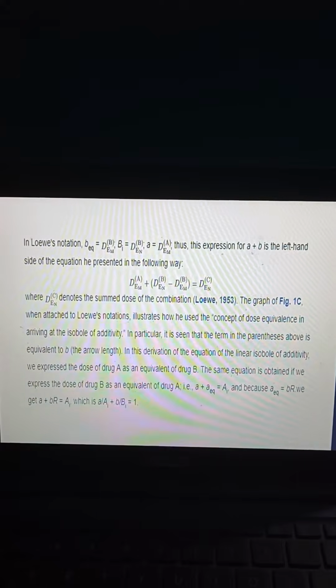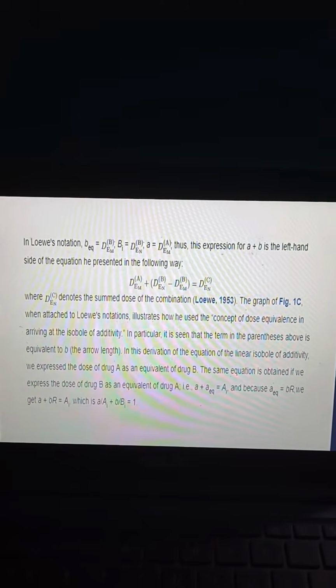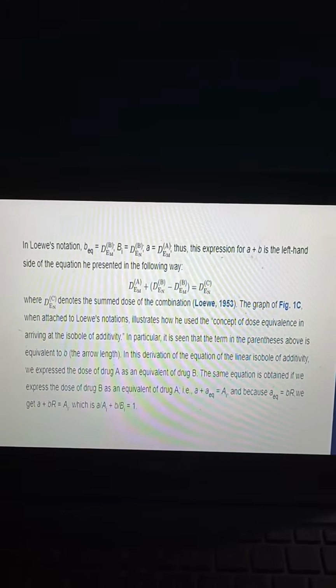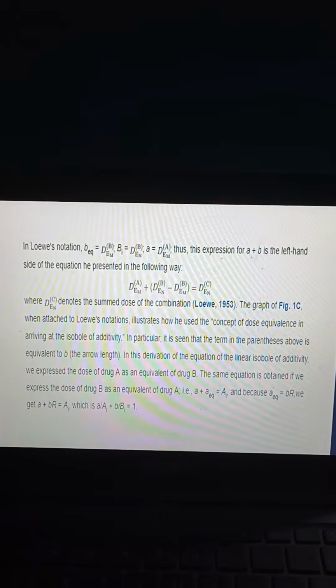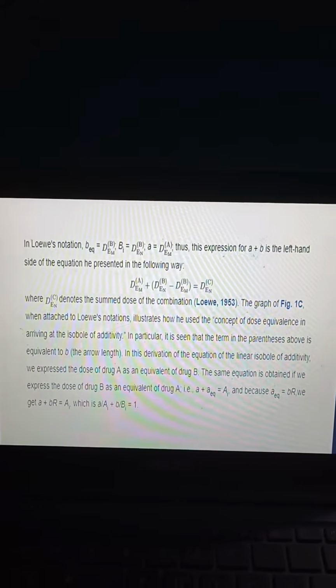The graph of figure 1C, when attached to Loewe's notations, illustrates how he used the concept of dose equivalence in arriving at the isobol of additivity. In particular, it is seen that the term in the parenthesis above is equivalent to b, the arrow length.